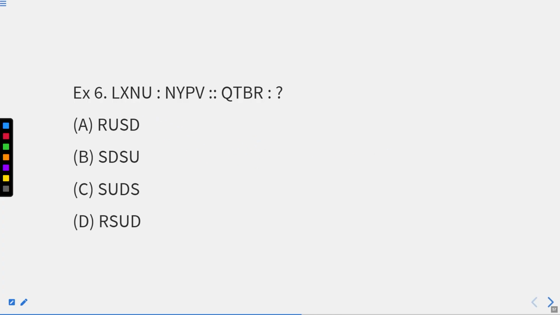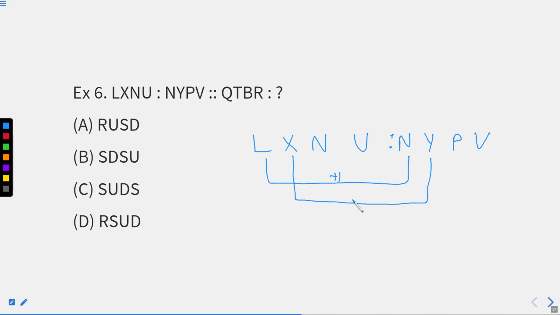Here you can see, first write the question figure L, X, N, U, right? And given the ratio of N, Y, P, V. If we consider this, the ratio between L and N, that is L, M, N, it means plus 2, and X, Y, plus 1.